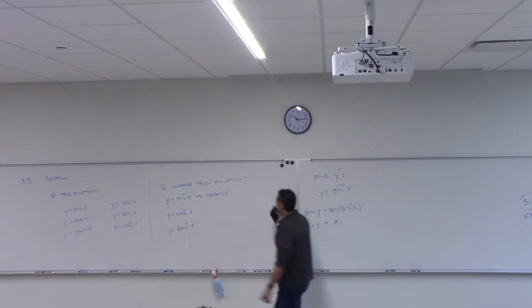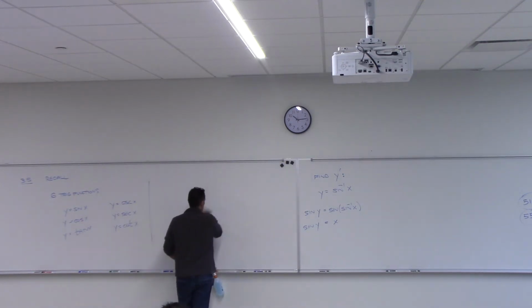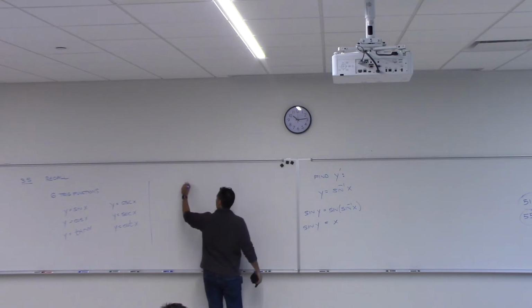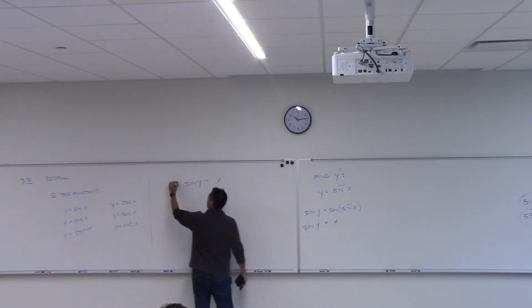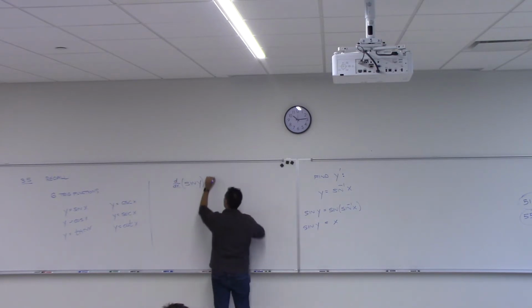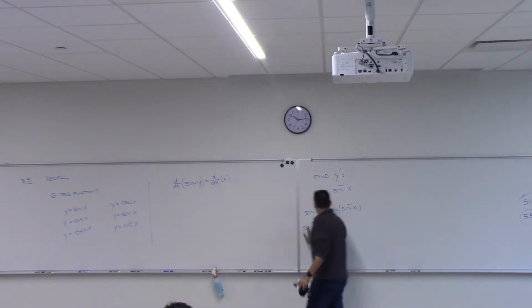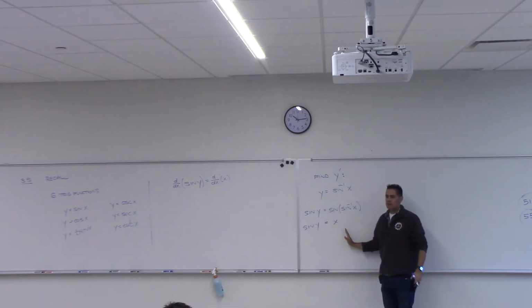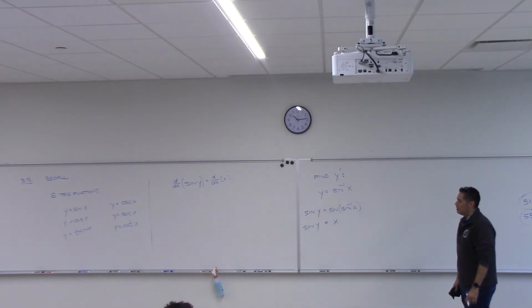So from that, I'm going to get the derivative. I'm going to take that equation right there, and I'm going to take the derivative on both sides with respect to x. So I'm basically doing implicit differentiation. Right? I'm going to take derivative with respect to x on both sides. Carefully, what is the derivative of the left side?